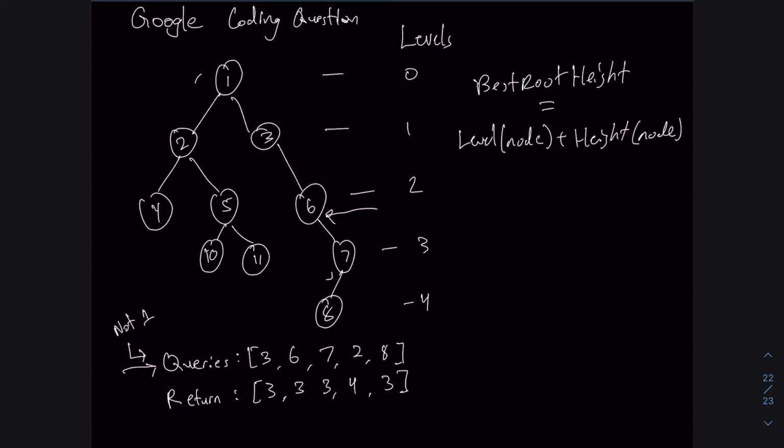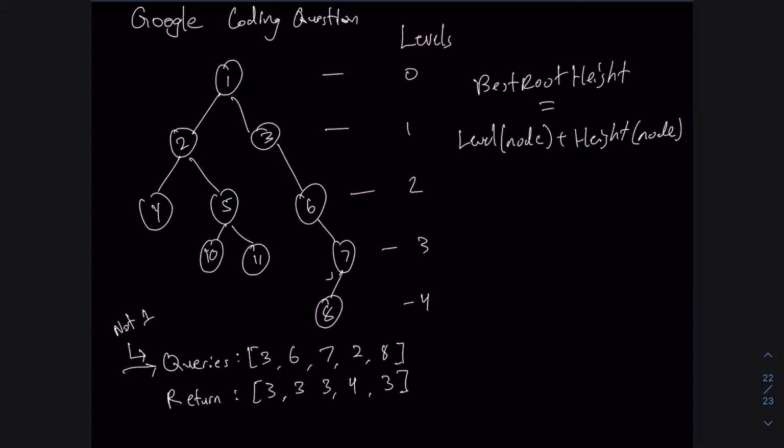So upon noticing that, we can use this information, and if we perform a recursive pre-process in the beginning, before we even start performing any of the queries, we first iterate through all of the nodes and record the height of each node, and also record the level that that node is at, right?